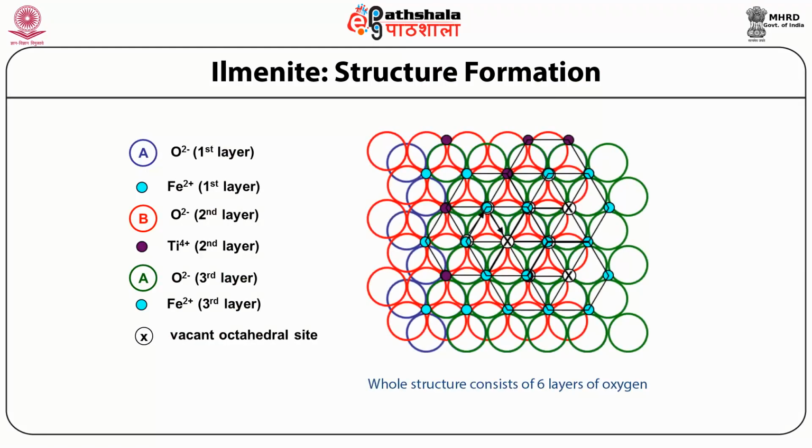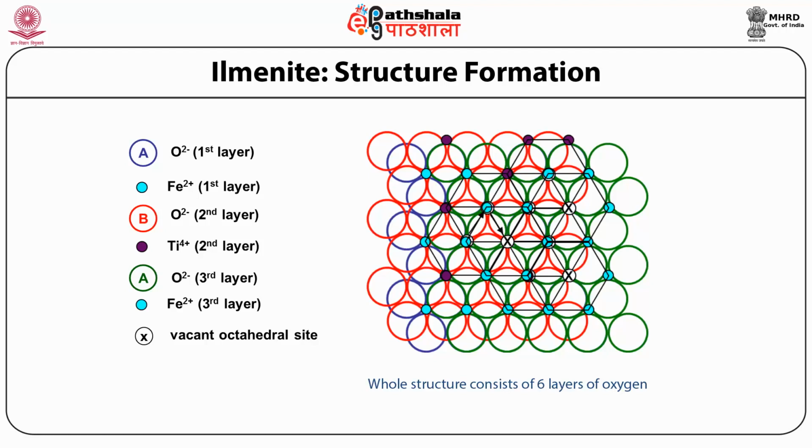Now, let us see the structure formation for ilmenite structures. As we have discussed in the previous slide, the stoichiometry of ilmenite compounds is of the ABO3 type. So, there are 3 types of atoms present in the structure, that is A, B and O. You can see the example shown on the right hand side of the slide.